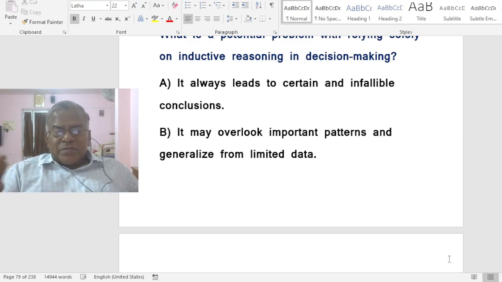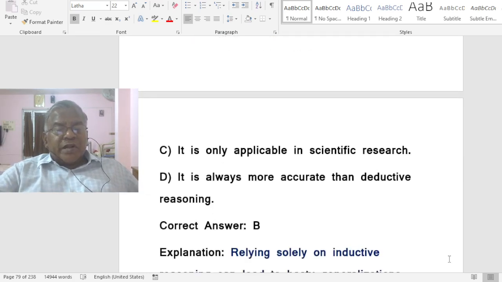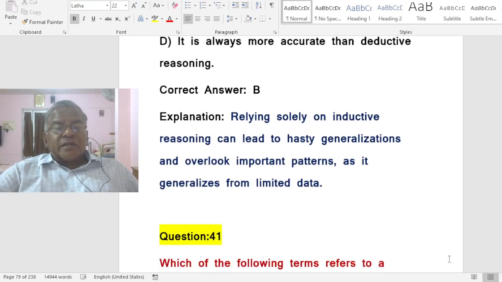The data is very much limited, so the generalization may be a problem. Relying solely on inductive reasoning can lead to hasty generalizations and overlook important patterns as it generalizes from limited data.